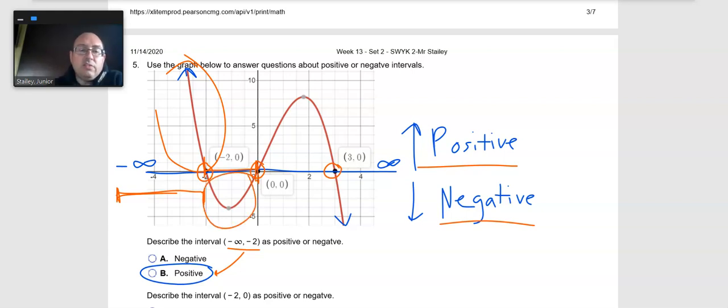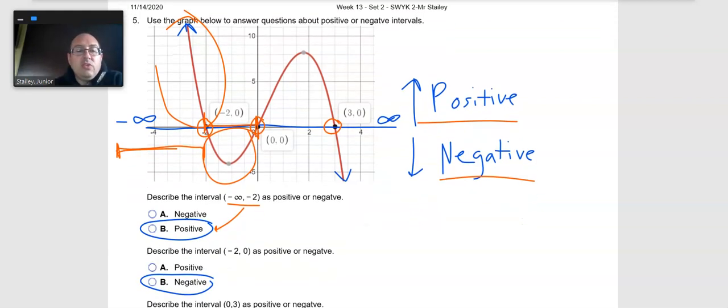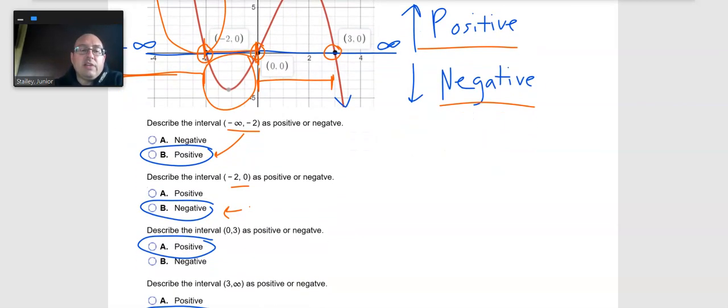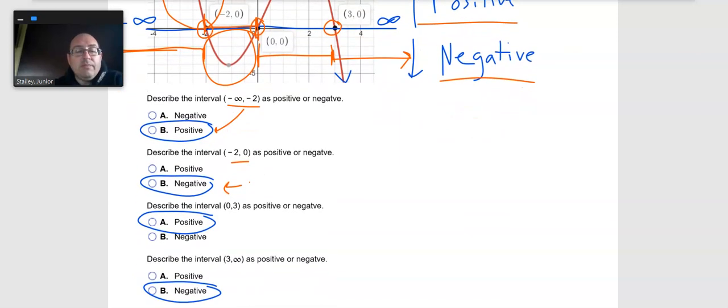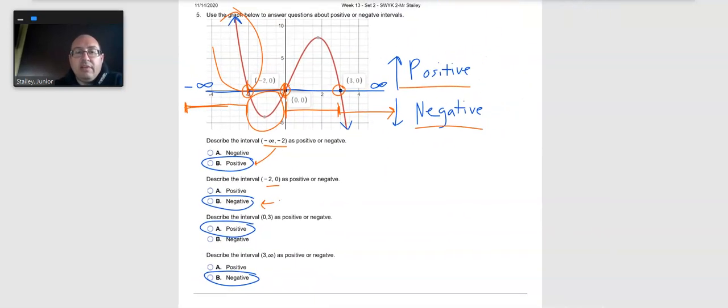Well, that section looks like it's below the x-axis, so that would be a negative section, right? How about from 0 to 3? 0 to 3, back to the positive section. You are right. And then from 3 to infinity, we are back to the negative section.